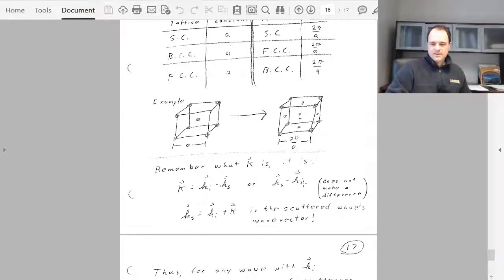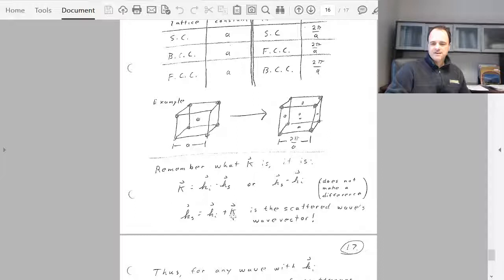So what this whole analysis has been doing over the last 5 pages is finding the possible scattered wave directions. All right, we know that the magnitude of K sub s is equal to the magnitude of K sub I, but we never knew the direction of K sub s.